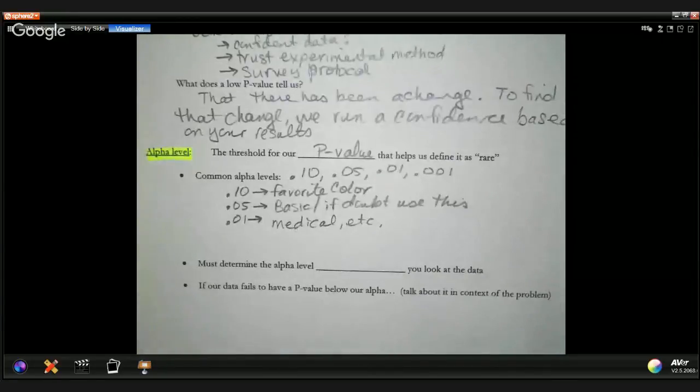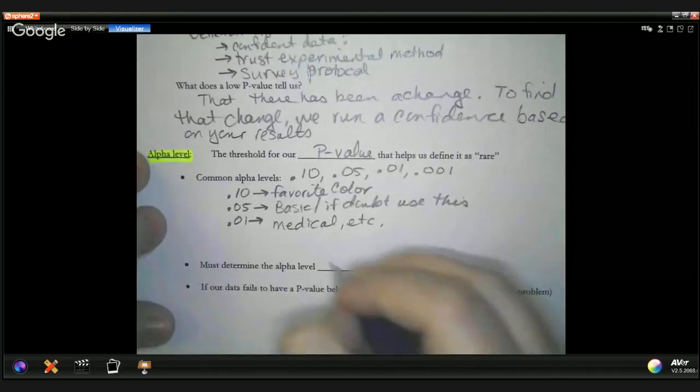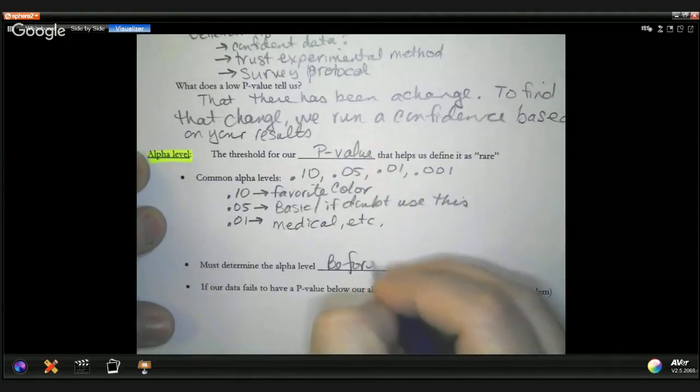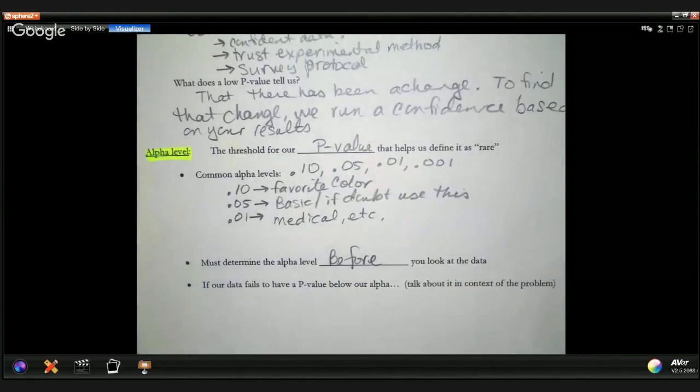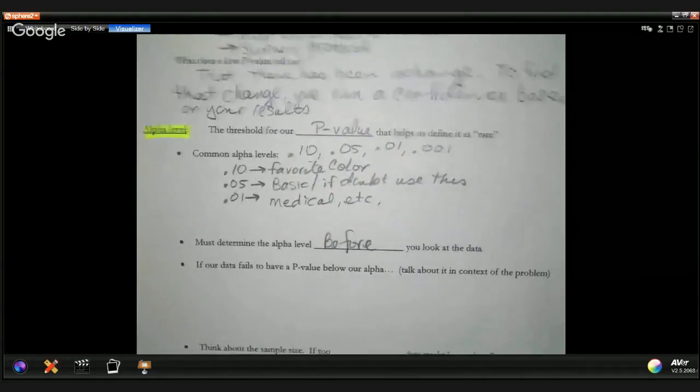One thing that happens with an alpha level is it must be determined before you look at the data, which kind of makes sense. Otherwise, you would pick the alpha level that works for you so you could reject or fail to reject based on what you're looking for.